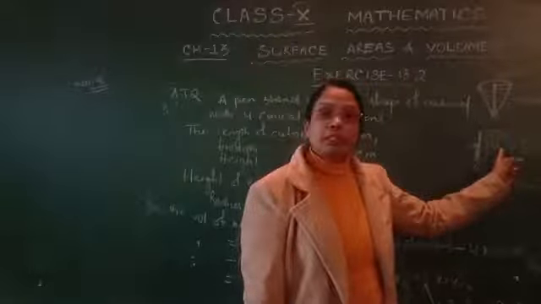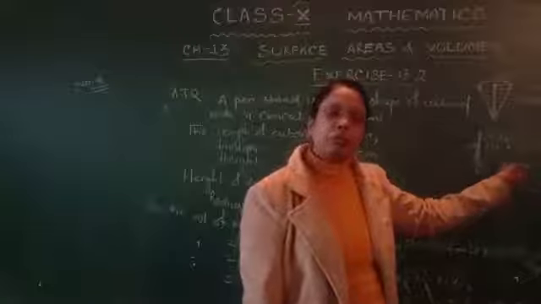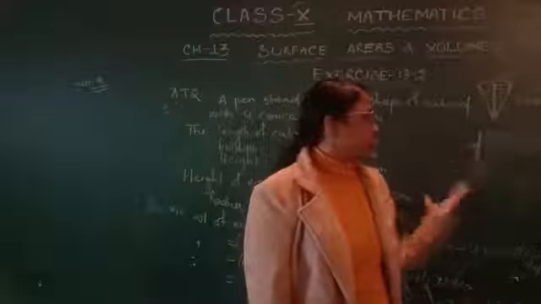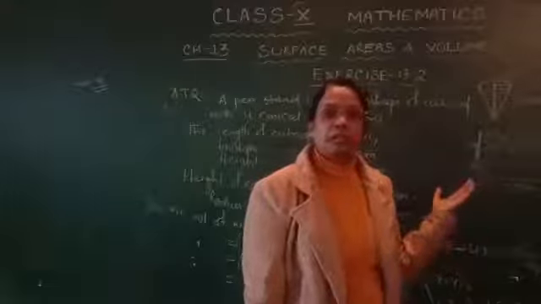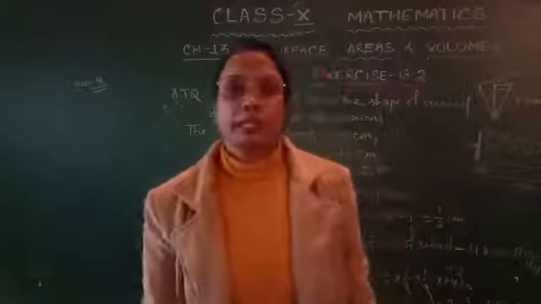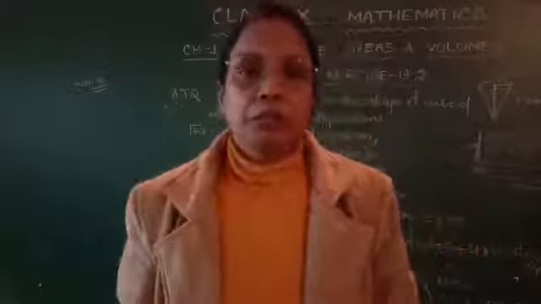Then you find the volume of each depression, multiply by 4, and the total volume of the cuboid minus the volume of 4 depressions is the volume of the entire pen stand. Okay, then come to the next question, question number 5.